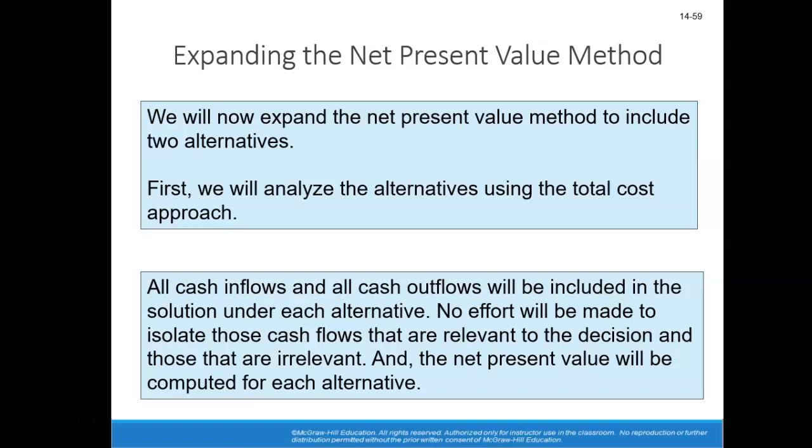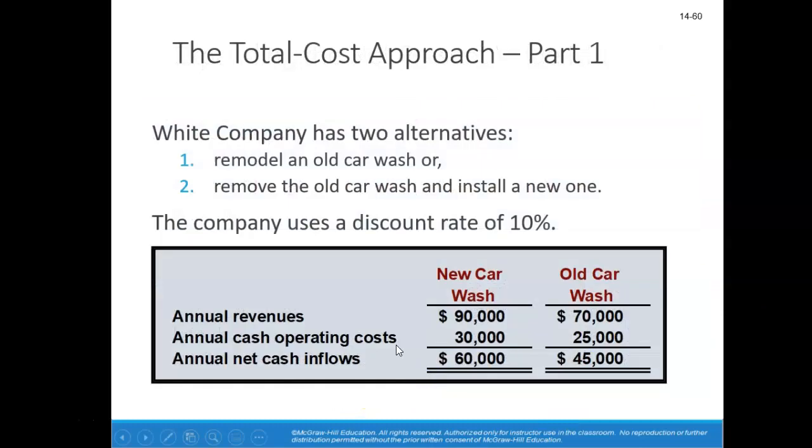Then based upon those cash inflows and outflows, we'll determine the net present value of each alternative, and we'll then make a decision. For example, let's say we have the total cost approach. Here, we have two alternatives. We can remodel an old car wash or remove the old car wash and install a new one.